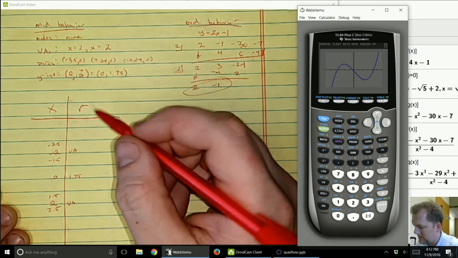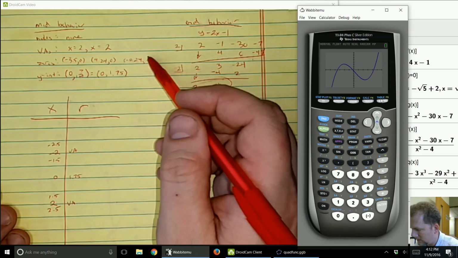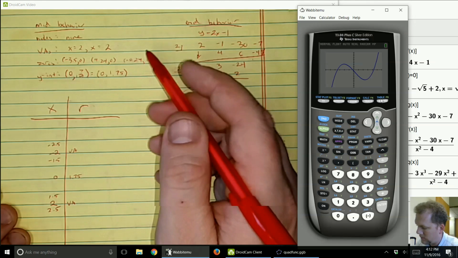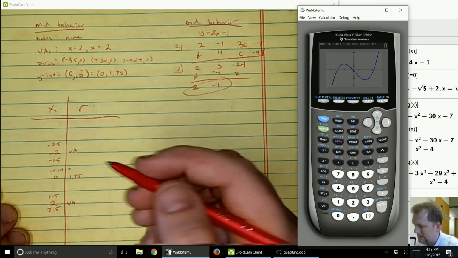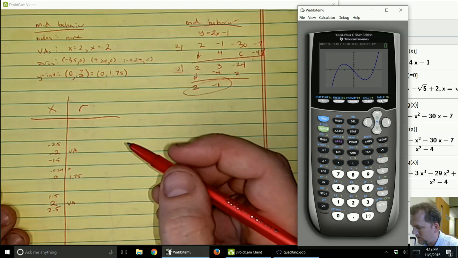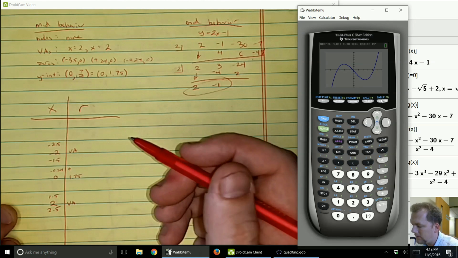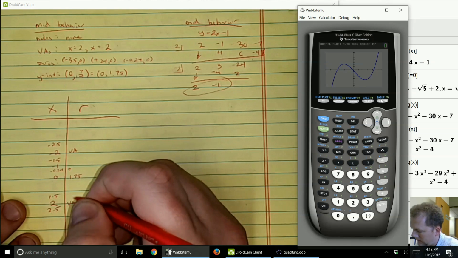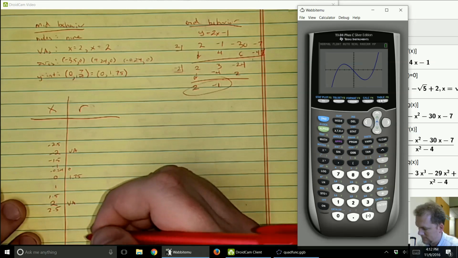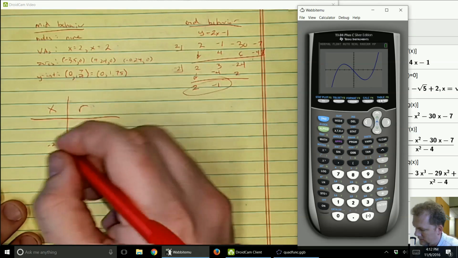What else is happening? Is there any other numbers in there? Yes. We have a 0 at negative 0.24. That's it for within there. So why don't we also choose negative 1 and 1. And then negative 3.5 shows up.